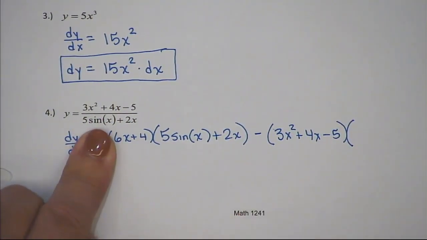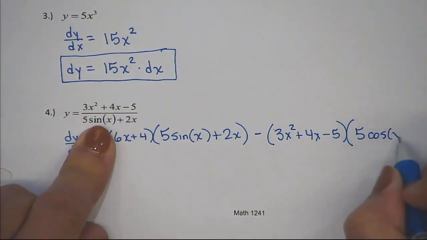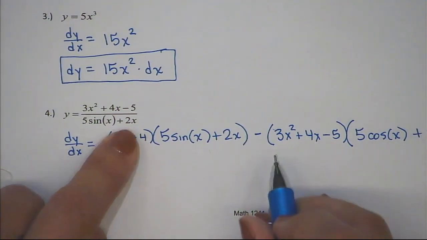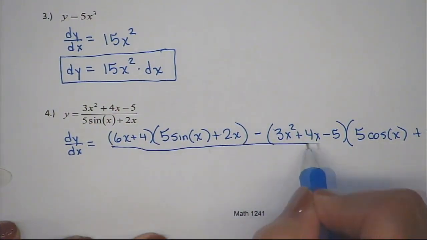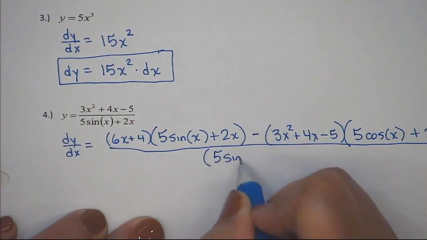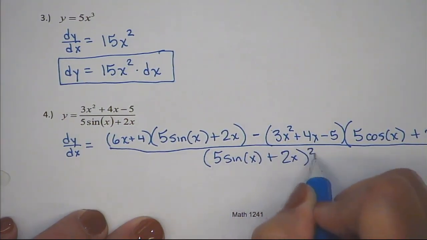All right, so the derivative of 5 sine of x would be 5 cosine of x. And then the derivative of 2x is 2. All over the bottom squared. Okay.